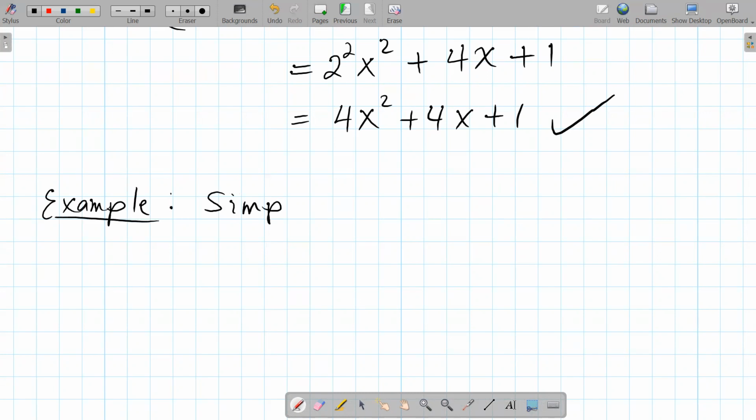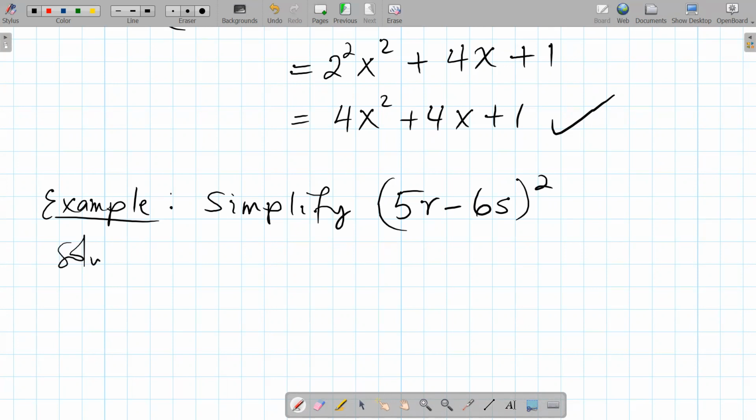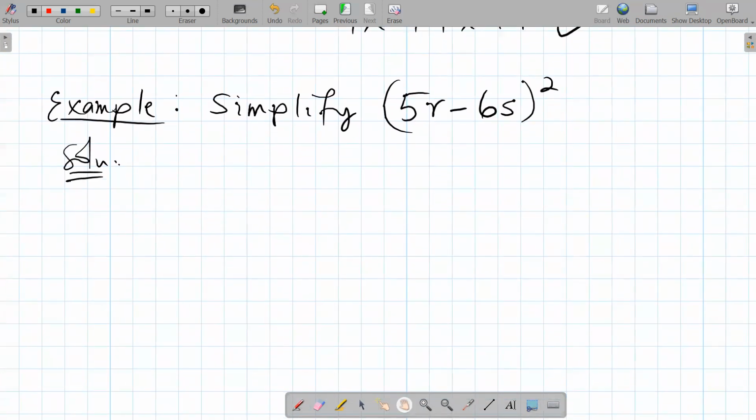Simplify 5r minus 6s all squared. So here you have to note carefully. 5r minus 6s all squared.